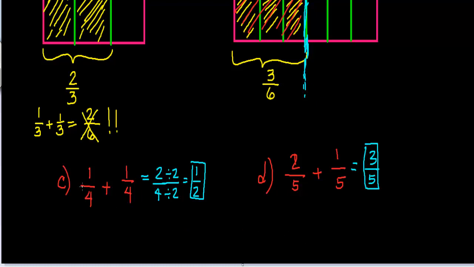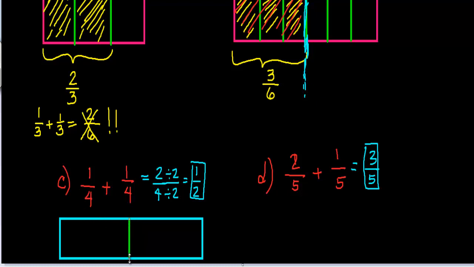If you drew a picture for this, then you should have gotten something like this. I'm going to draw a rectangle here, and I'm going to cut it into 4 pieces. I'm going to try my best to make them equally spaced. There's 1, there's another one and another one here.